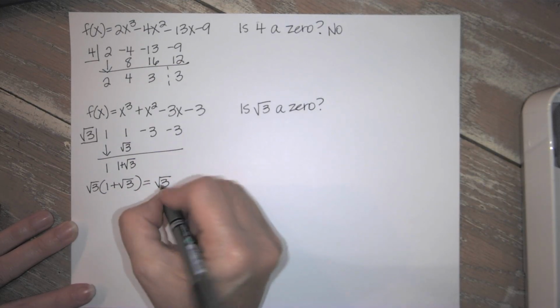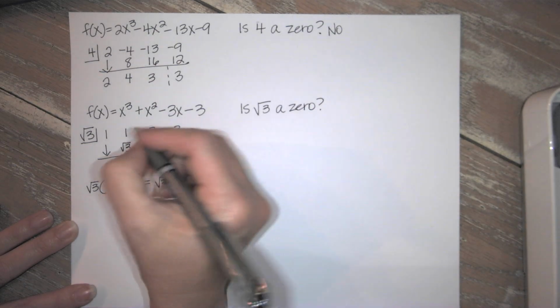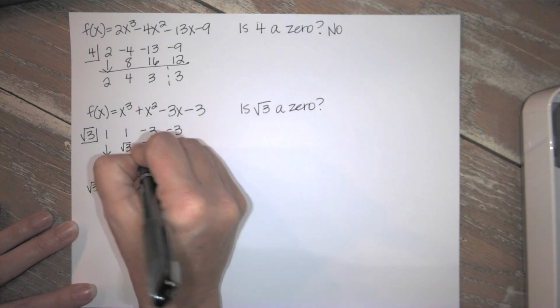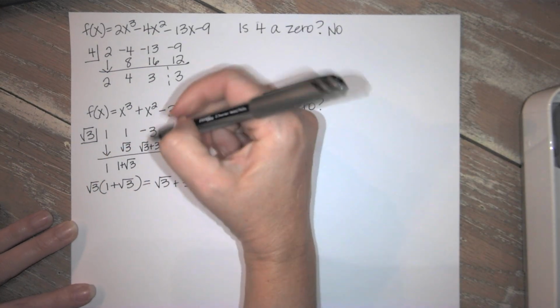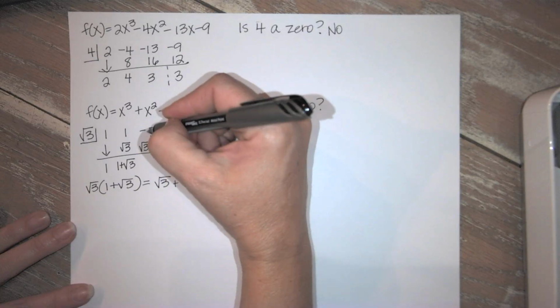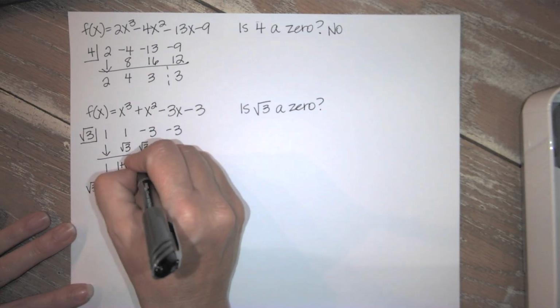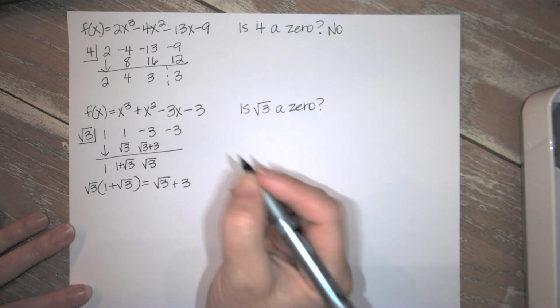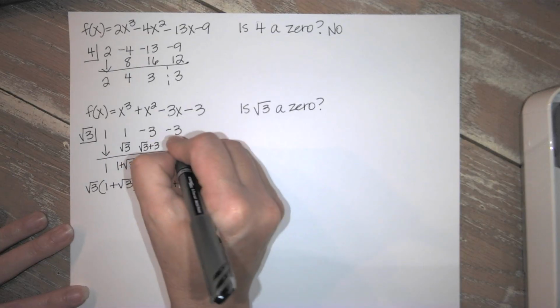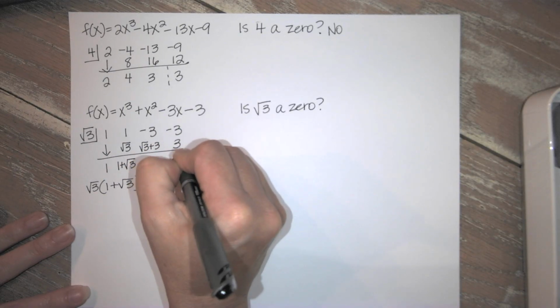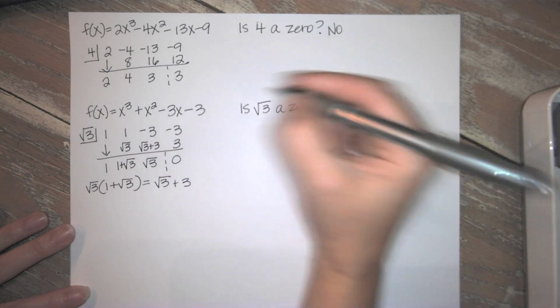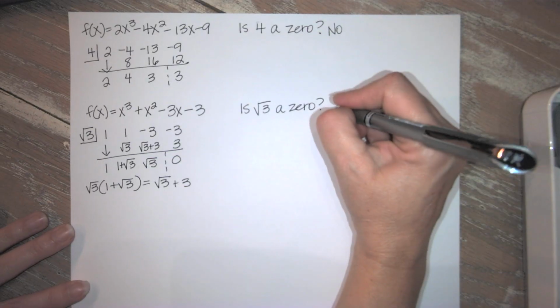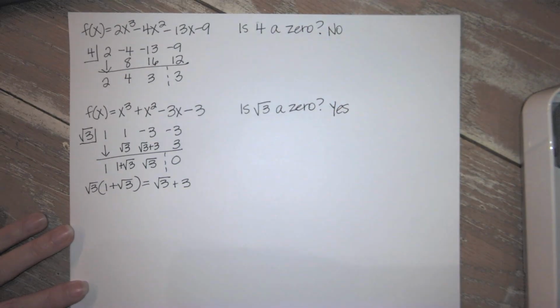Square root of 3 times square root of 3 is 3. So right here I get the square root of 3 plus 3. As you can see, my 3's will zero out and I'll have square root of 3. Square root of 3 times square root of 3 is positive 3. 0 remainder. So is the square root of 3 a 0 of this? Yes, it is.